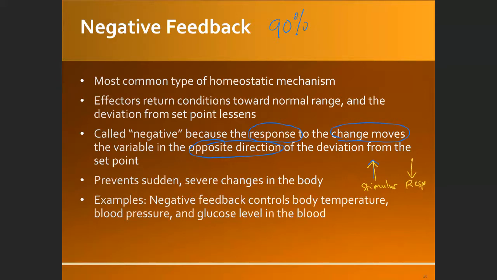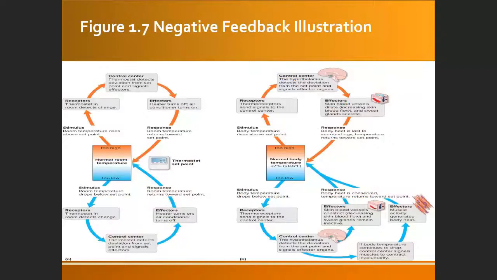So the response is opposite to the stimulus. If the stimulus decreases, like decreasing body temperature, then the response will increase the body temperature. So this is also a negative feedback system, and this is the most common type of feedback loop used for our homeostasis. This is an example of how our body temperature is controlled by these negative feedback loops.